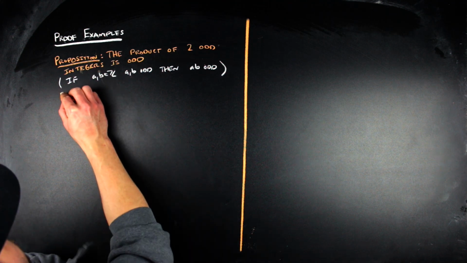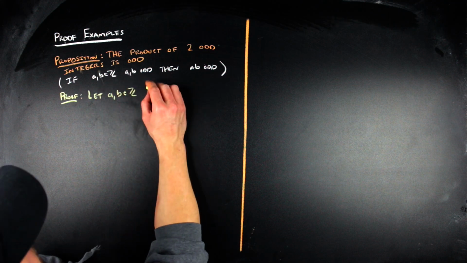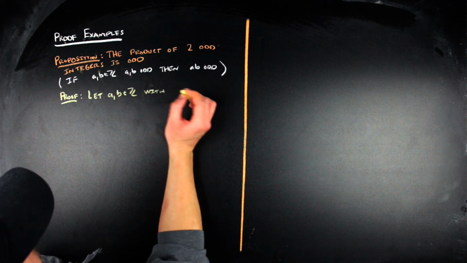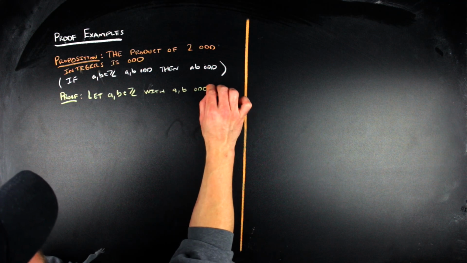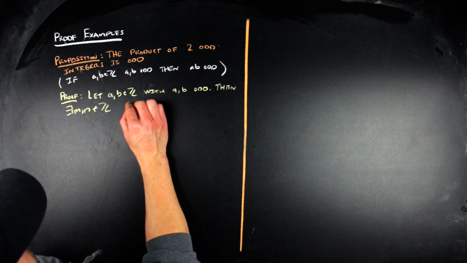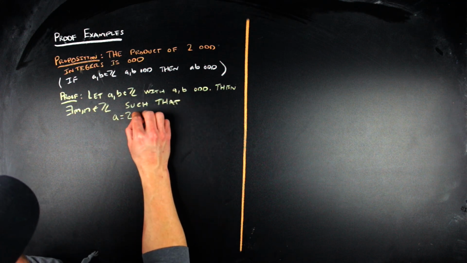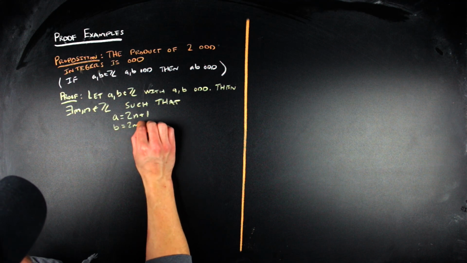To prove this, we just let a and b be some integers that are odd. By definition, something being odd means that it's not even, so an odd number is just a multiple of 2 plus 1. So a can be expressed as 2n+1, and b can be expressed as 2m+1 for some integers n and m.